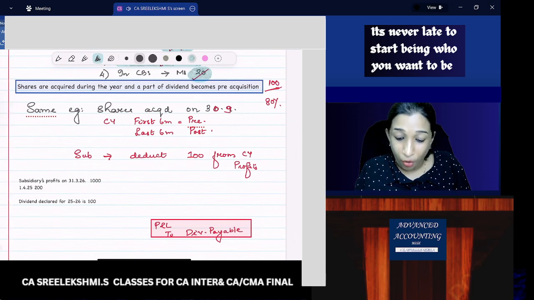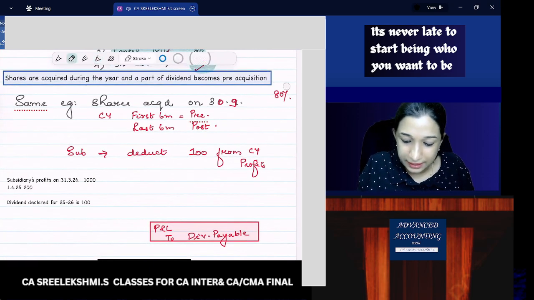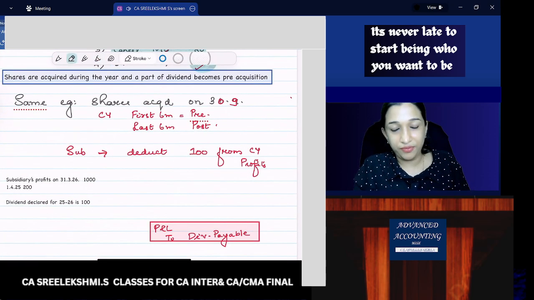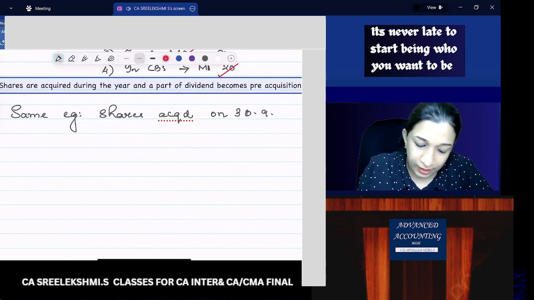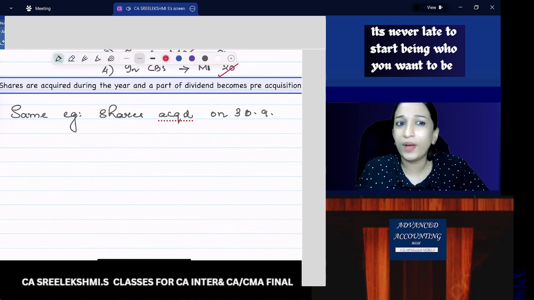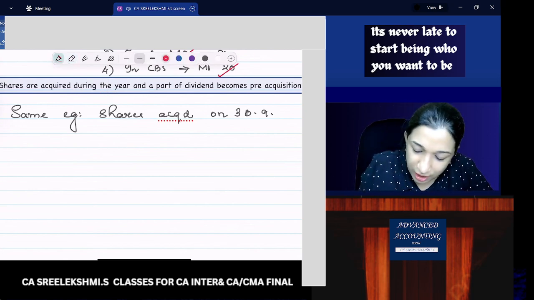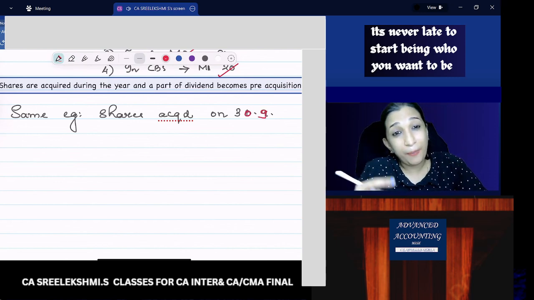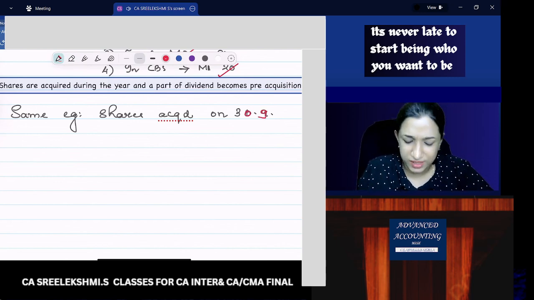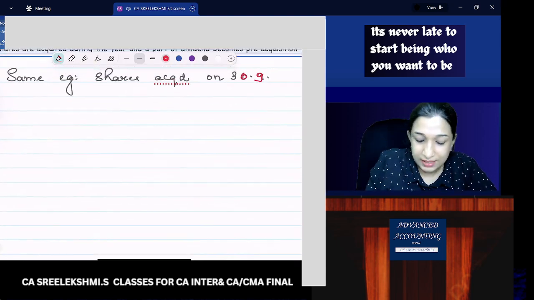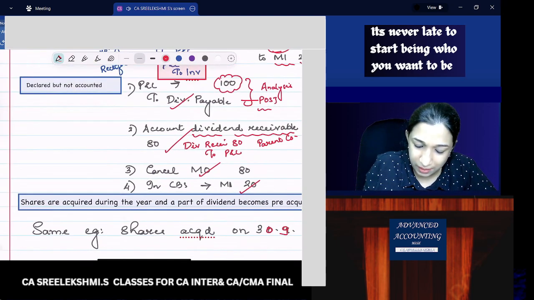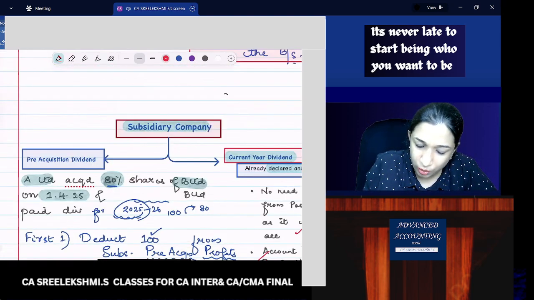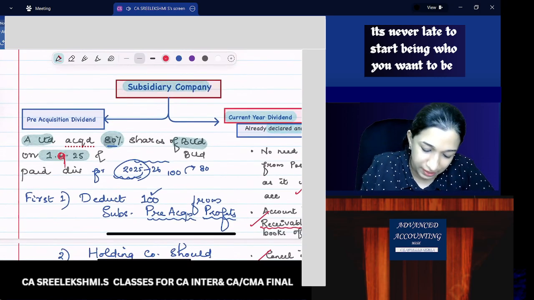Then the next possibility, the third and last one: shares acquired during the year, which means if I acquire shares on 30th September, a part of the dividend becomes pre-acquisition. See, A Limited acquired shares in B Limited, same example, but we acquired only on 30th September.